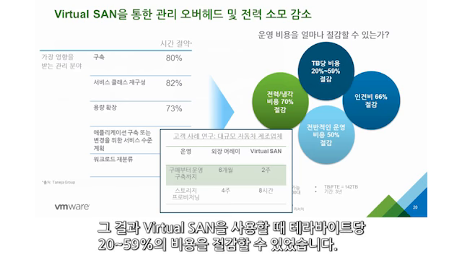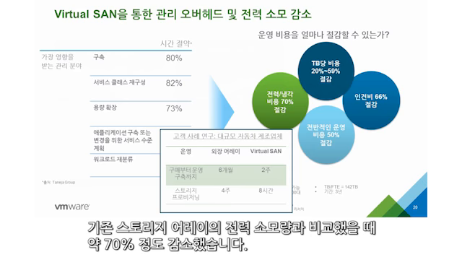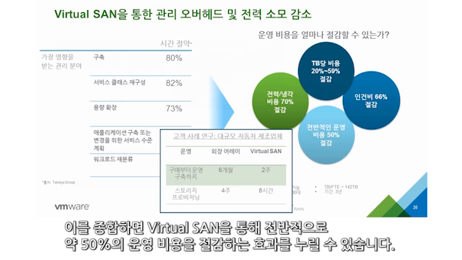All of these result in about 20 to 59% dollars per terabyte savings when using vSAN. And this results in about 2/3 of your labor costs being slashed. And then we also looked at things like power and cooling costs, which result in about 70% savings when compared to the power consumption of a traditional storage array. So overall, about 50% OpEx savings using vSAN.